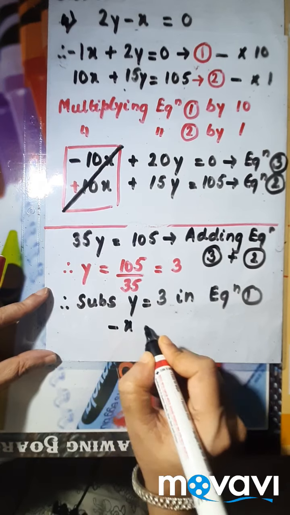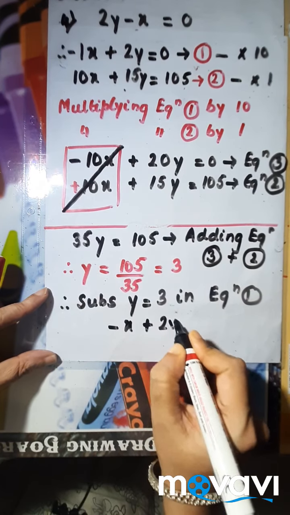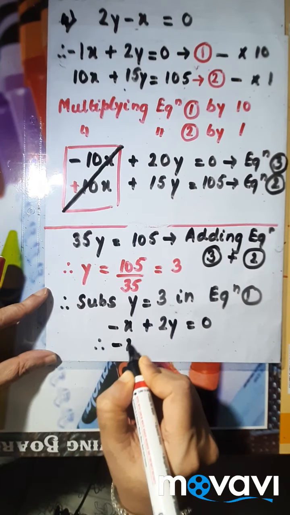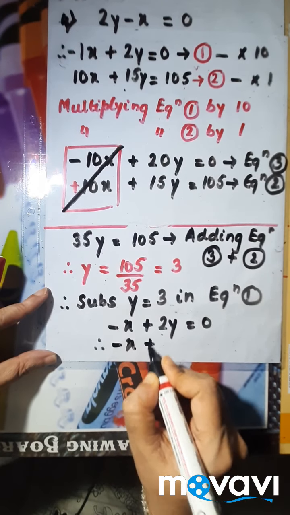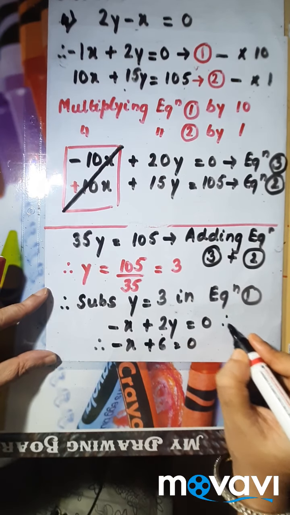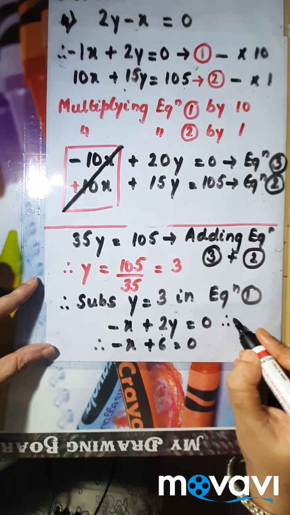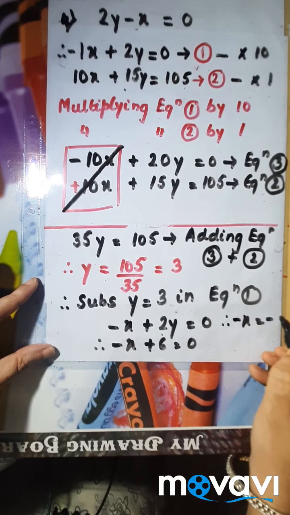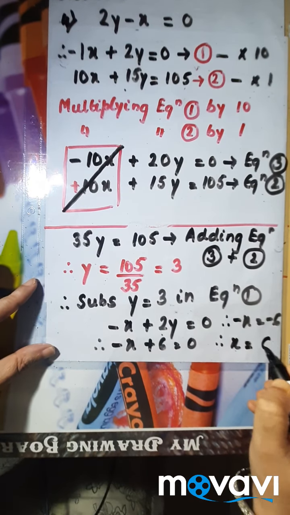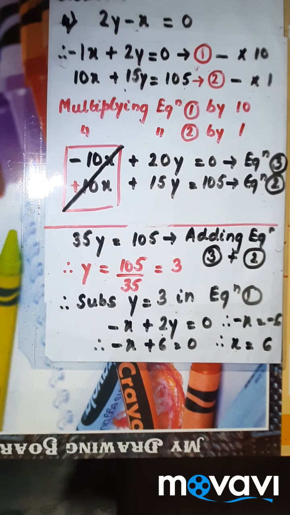Minus x plus 2y equal to 0. Therefore, minus x, 2 3s are 6 is equal to 0. Therefore, minus x equals to minus 6. Therefore, x is equal to 6.